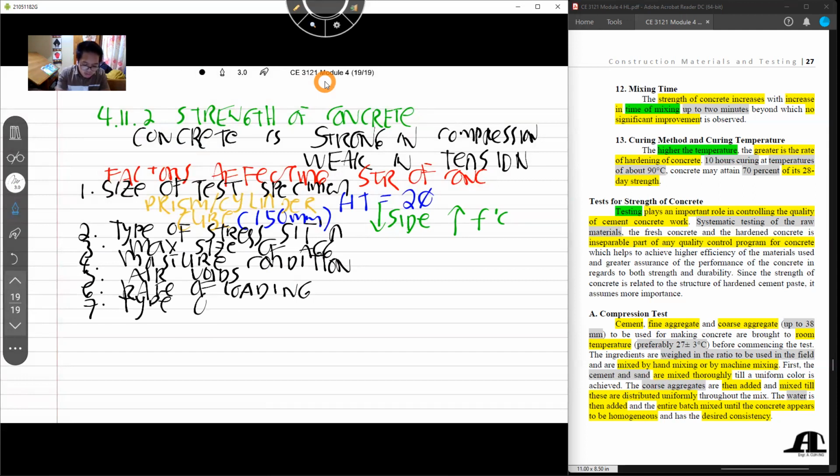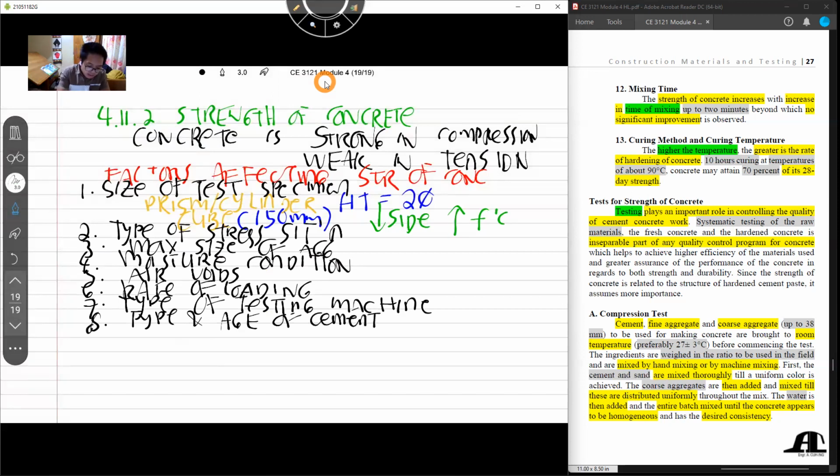Many, no? Number 8 is the type and age of cement. So, type, then the age of cement.